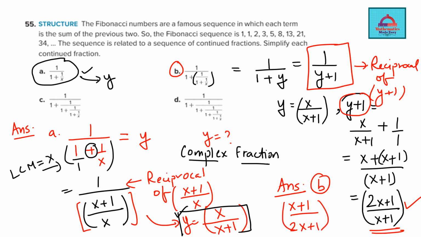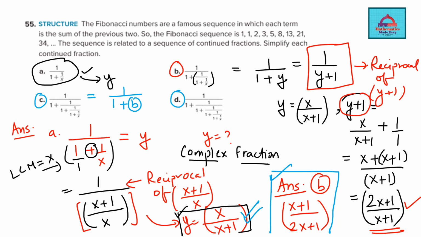So this is the answer for the B part. Now I hope, following the same pattern, you will be able to do C and D as well. So this reduces. Now if you have got this whole expression, it is 1 over 1 plus the B part. So just put this value that you have got back here, and that will give you your answer. Sorry, this value, yes, for the B part, correct.